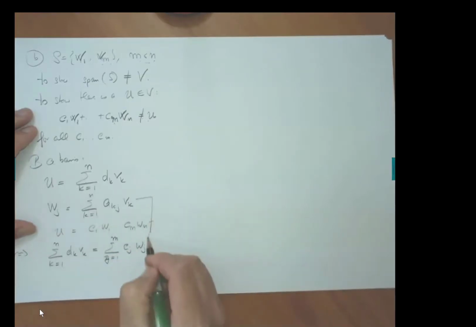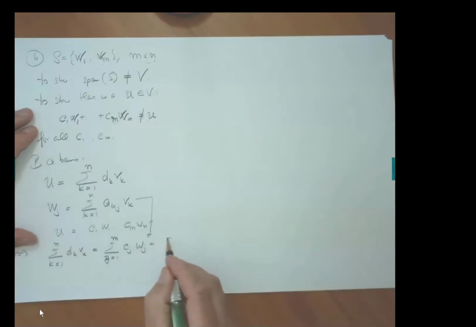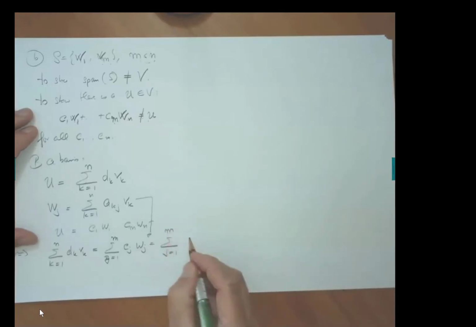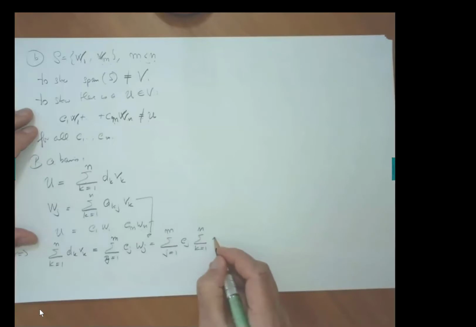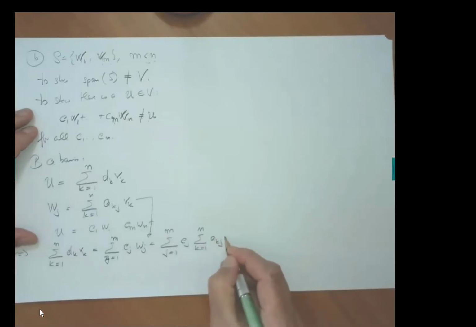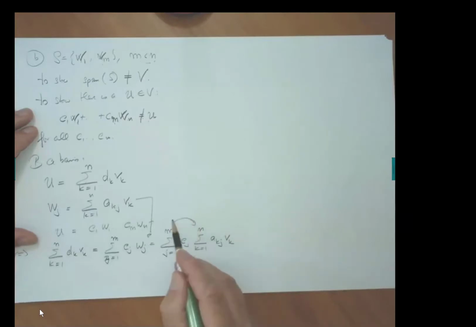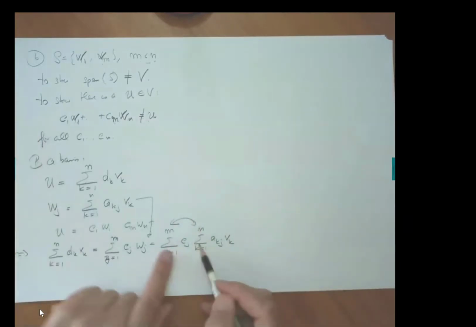Now I use this one here. So this is sum j goes from 1 to m cj, then sum k goes from 1 to n akj vk. And again, we can actually flip. So that's the same argument as before. We flip the two sums.